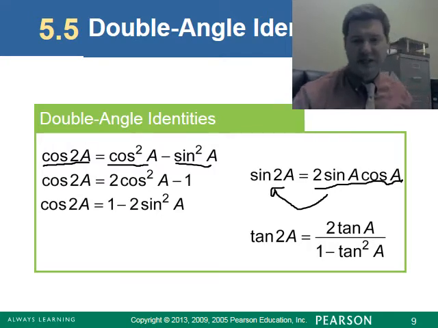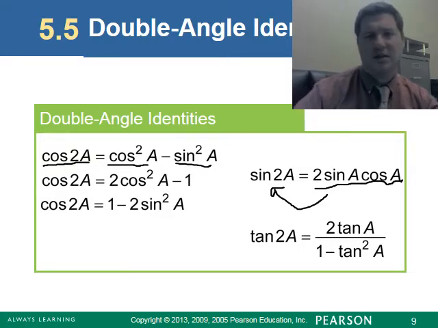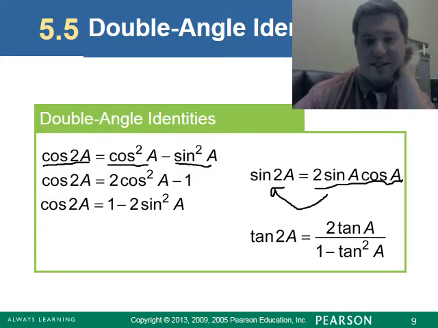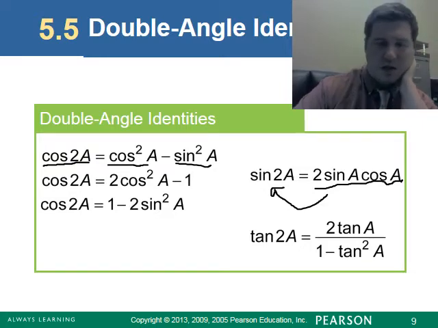So there are a lot of uses for these. I always kind of think of it as just playing around with trig functions. When you've got something you're working on in calculus or some other advanced math, you just want to find a formula that looks like it and play around with it, rewrite it in a slightly different way. Our problems, for the most part, are pretty straightforward.